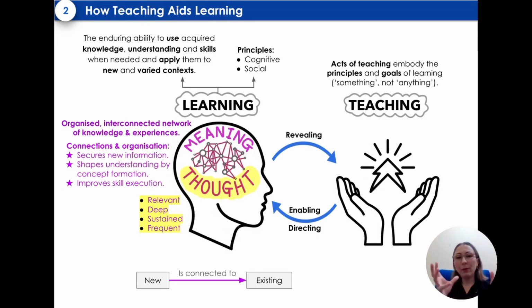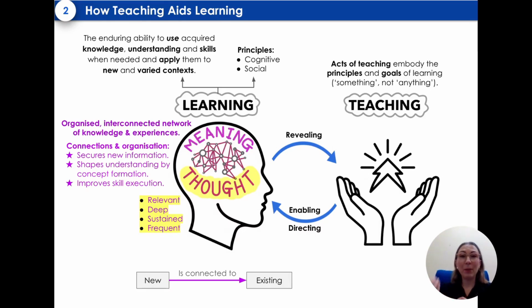So now we've got the blue arrows, which represent that interplay between teaching and learning, because they are linked and we can't separate them. So when we teach, what we need to be doing is firstly enabling that deep, relevant, sustained, frequent thought. And obviously those social, cultural and structural conditions are really foundational for that.